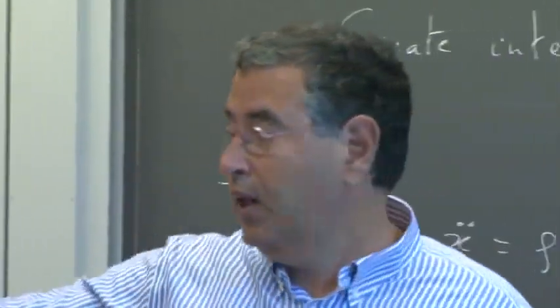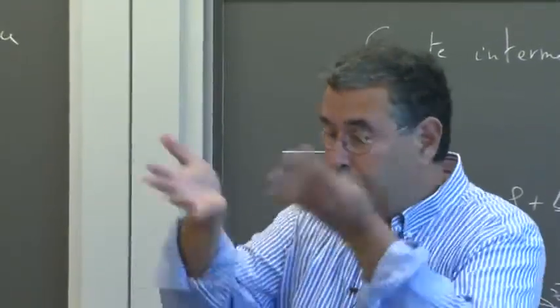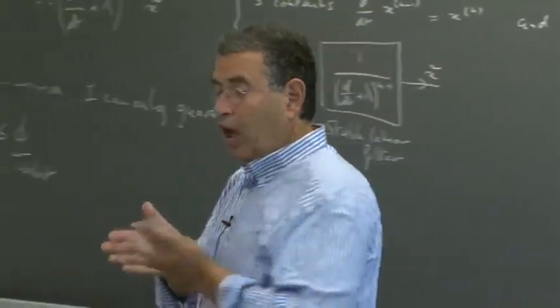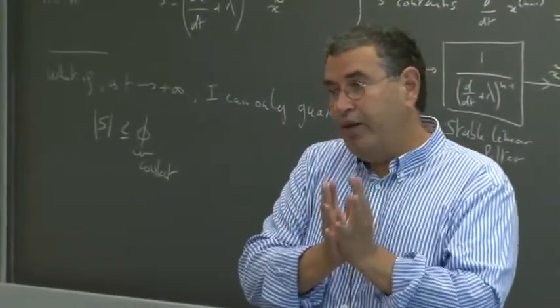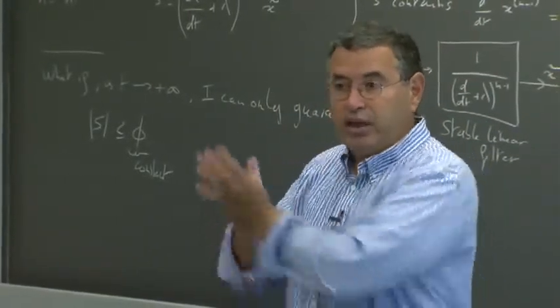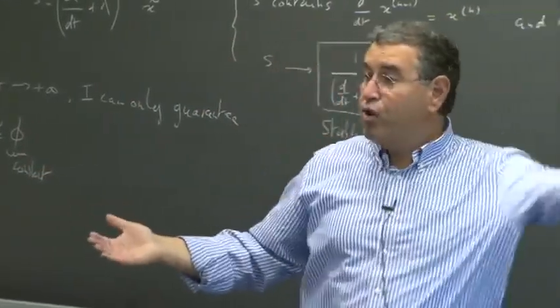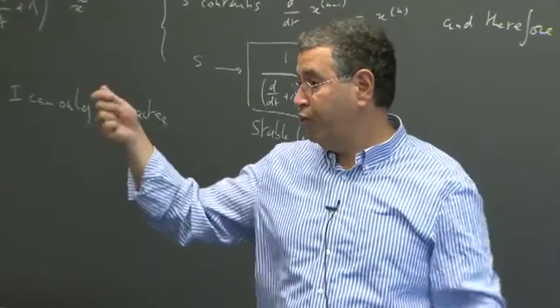Suppose that somehow I've solved the control problem for s, but I haven't solved it perfectly. I've maintained s within a certain bound. How does this bound on s, this residual error on s, translate as a residual error on my real original problem, which is the problem of controlling xd?